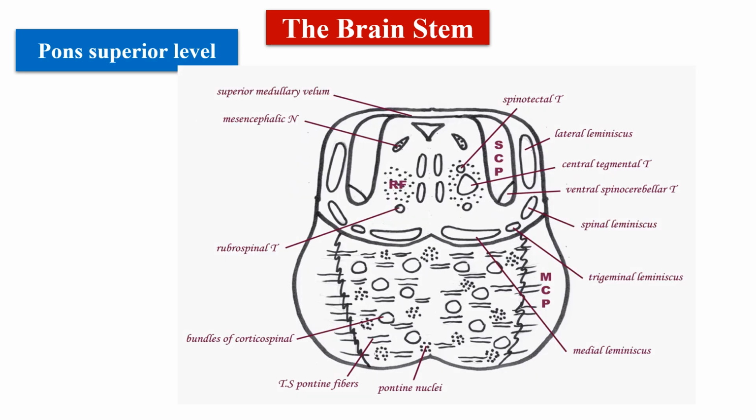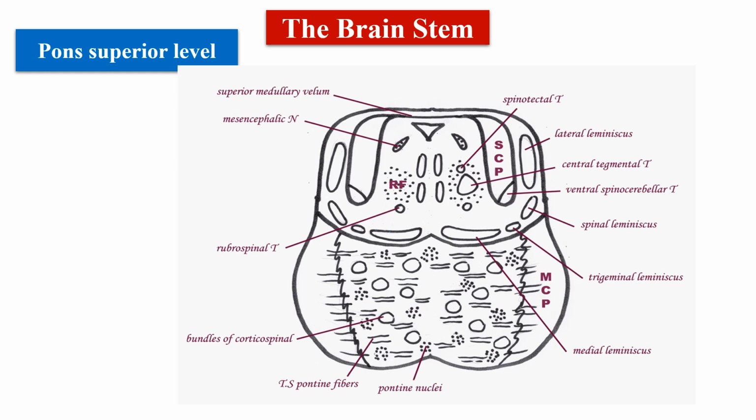As regards the pons at the superior level, here we can see it becomes smaller in size. I can see the basal pons here containing the same structures, which are bundles of corticospinal fibers, transverse pontine fibers, and pontine nuclei.